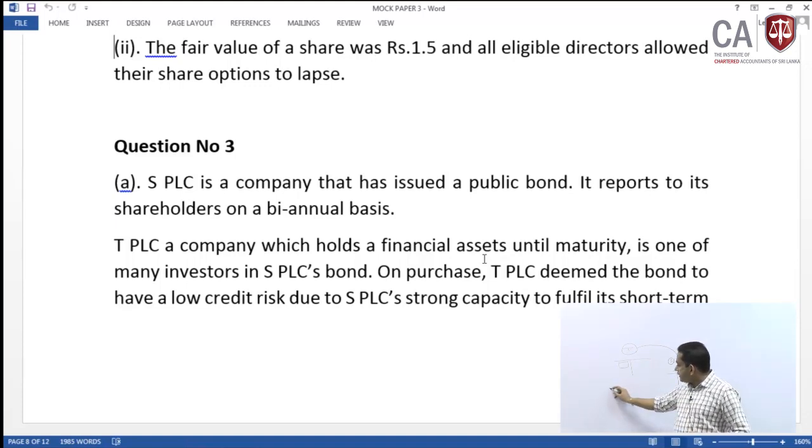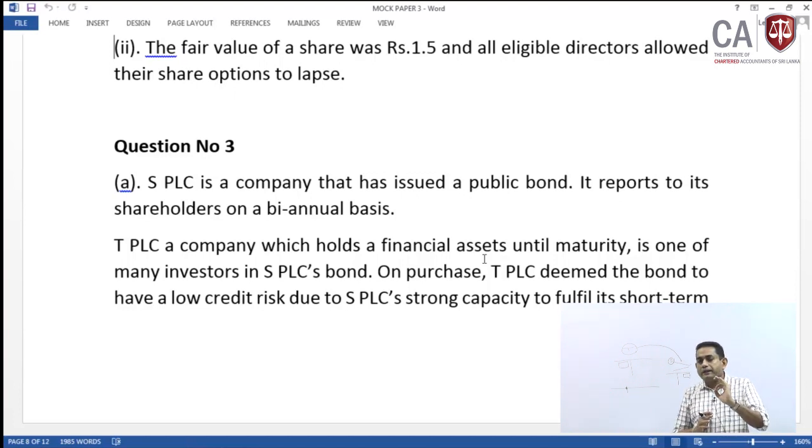And say at the end of the first year, they need to conduct their impairment review for the financial asset in the books of company T. For them to review their impairments on the financial assets, they need to have access to some information of company S. So, they do have access to information of company S, and with that information, they need to make the assessment regarding the level of risk of bonds in company S.